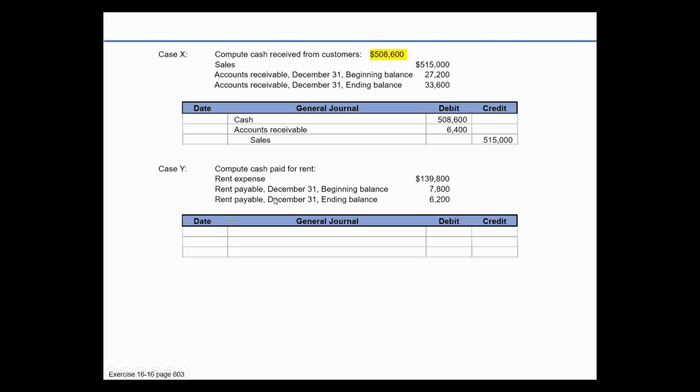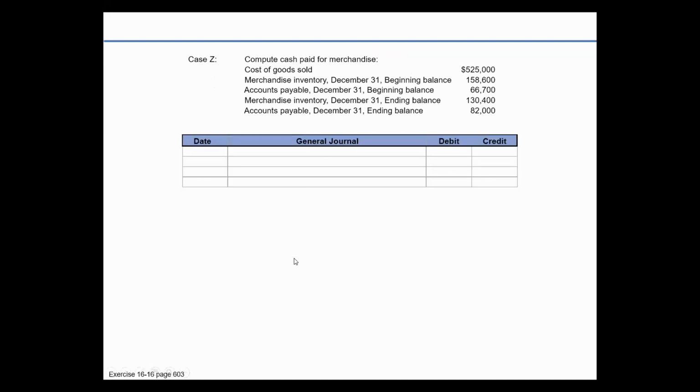Now, the total cash paid for rent: you have rent expense $139,800. The rent payable, the difference is $101,600, and in cash $141,400. So that's what you paid in cash for the year. Compute the cash paid for merchandise.